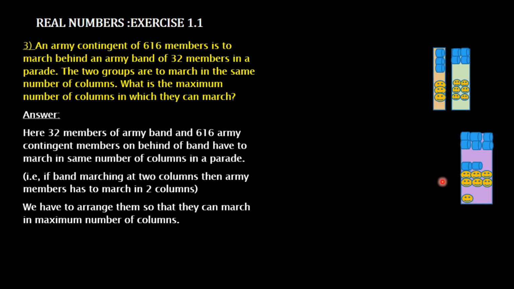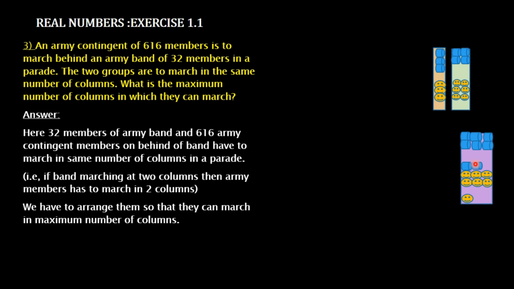Otherwise, there will be a vacancy in the arrangement. So, what we have to find? We have to find a factor of 32 and 616 for our arrangement. Here one is a factor of both, no problem. Here we have 2. 2 is a factor of both, we have no problem. What about 3? 3 is not a factor.